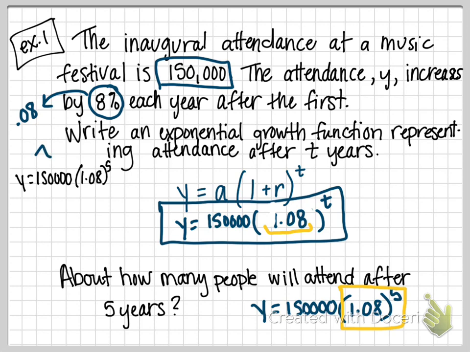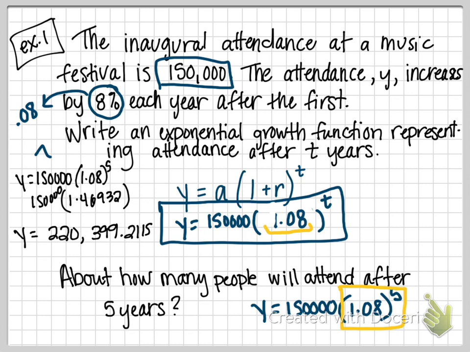So 1.08 to the 5th is about 1.4692 blah blah blah, and then we multiply that by 150,000, and we get that y equals 220,399.2115 whatever.